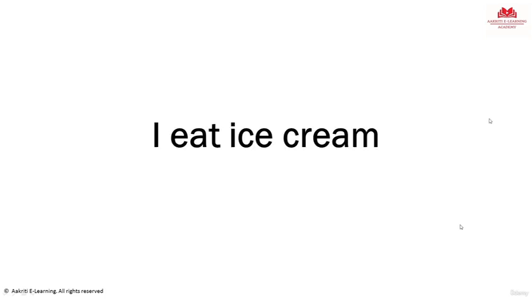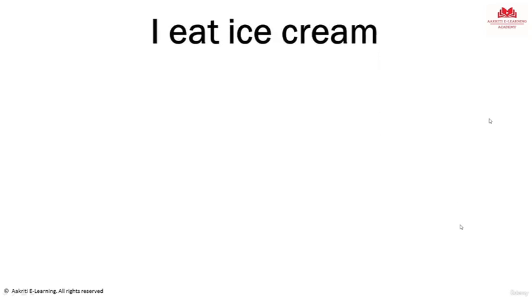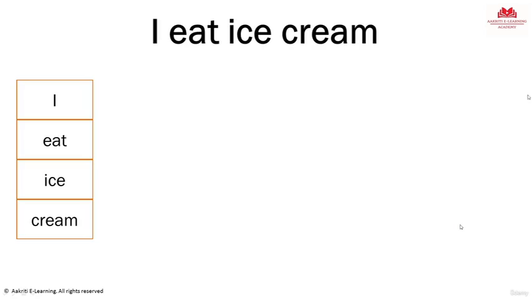So how does this happen in reality? Again, when we have a text like this, the first thing that the LLM would do is break it into small chunks or tokens. So the sentence now becomes 4 words or 4 tokens: I, eat, ice, and finally the word cream. That's the first step that we call chunking the words.